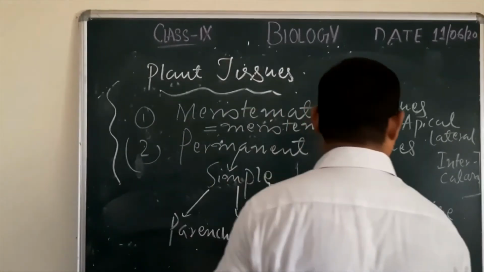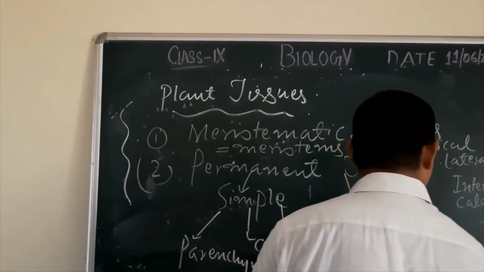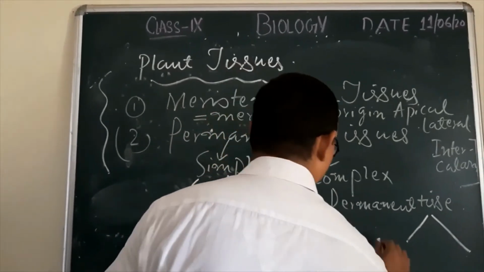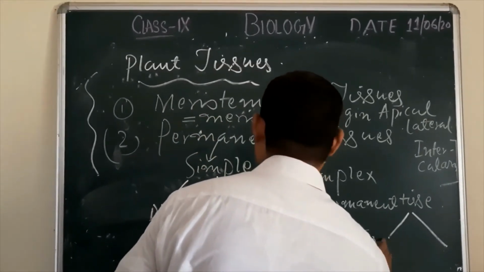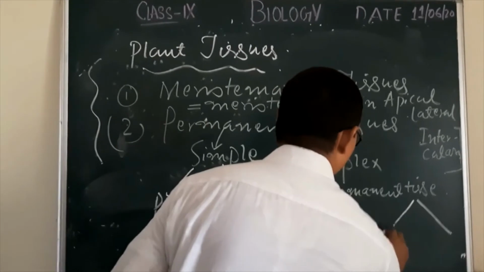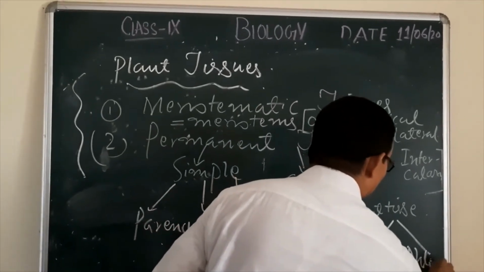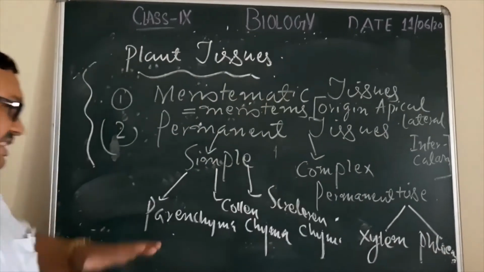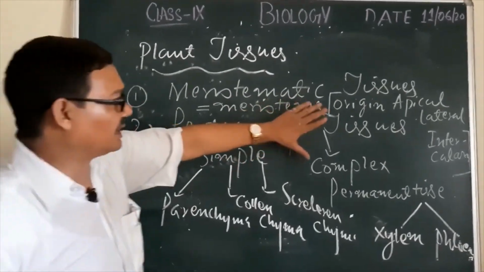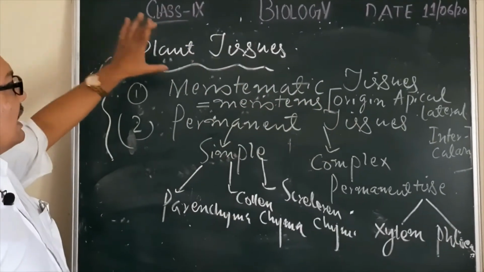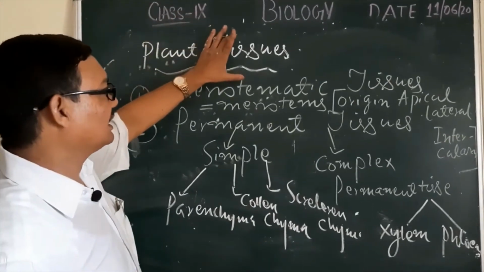And complex permanent tissue may be divided into xylem and phloem. This will be discussed later on. I have just given an idea of the content of the syllabus in the plant tissue.